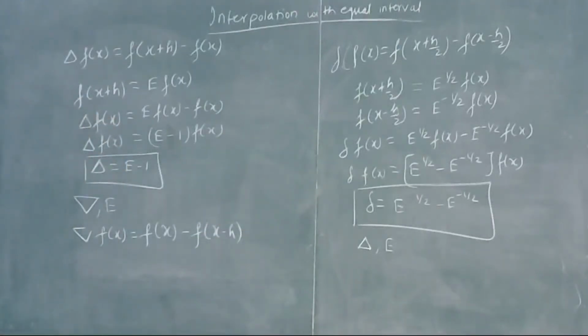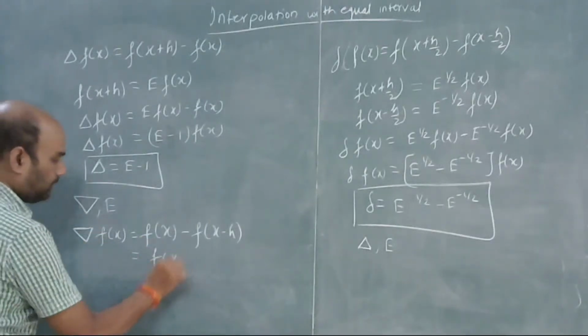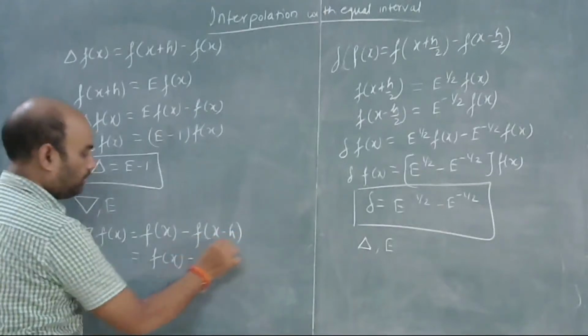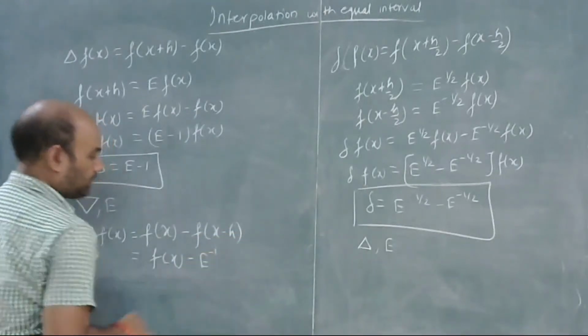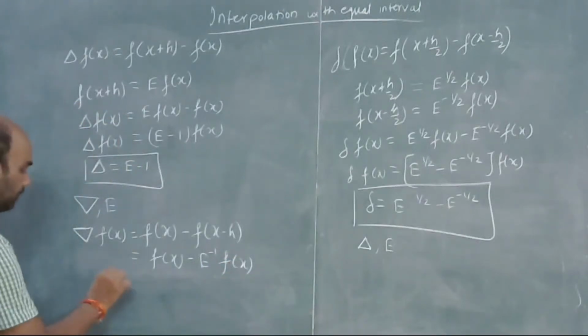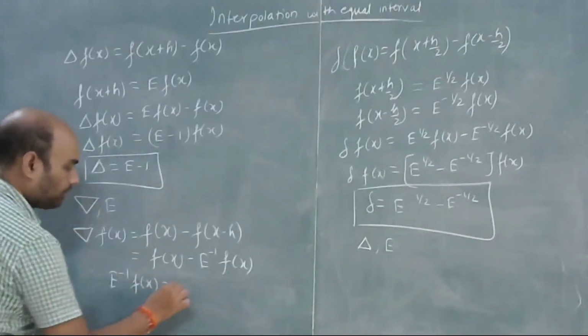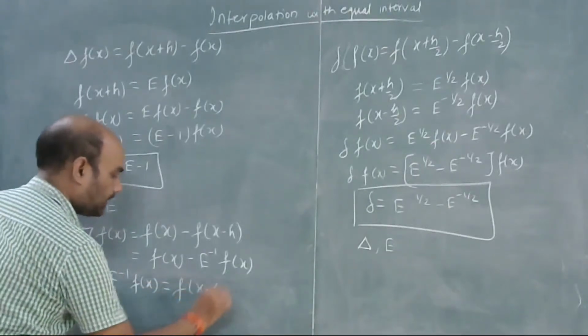Okay, in the last class I had written this as the forward operator, so this is the correct one. So this is f of x minus E to the power minus 1 f of x, since E to the power minus 1 f of x is equal to f of x minus h.